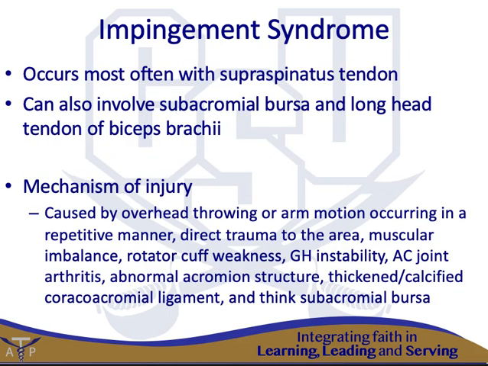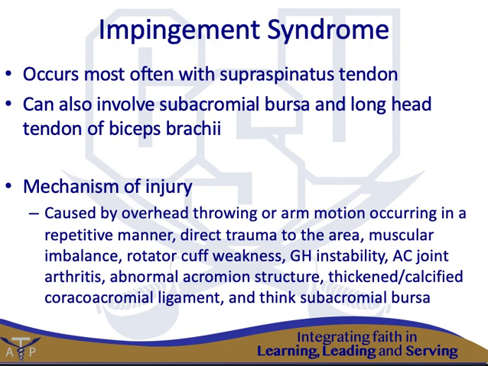Next, we have impingement syndrome. Impingement syndrome occurs most often with the supraspinatus tendon and the long head of the biceps brachii tendon. When we look at the mechanisms, these are really caused by overuse injuries and overhead throwing, where we continue to use the same musculature and complete the same motions over and over again in a repetitive manner.